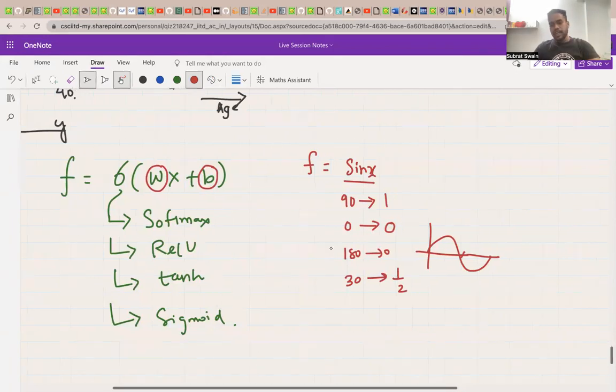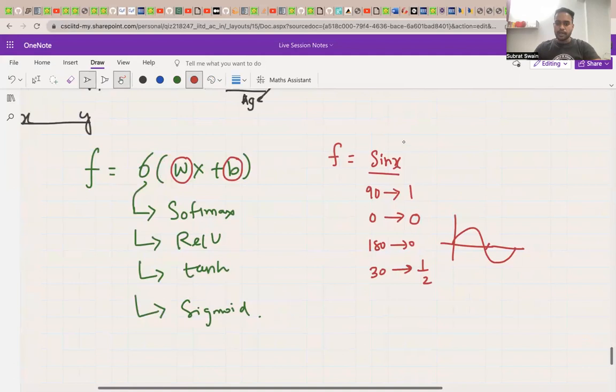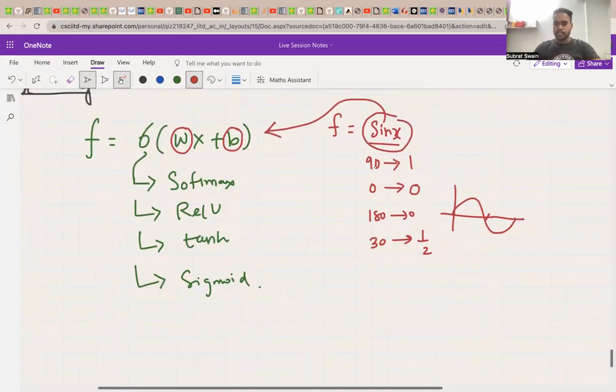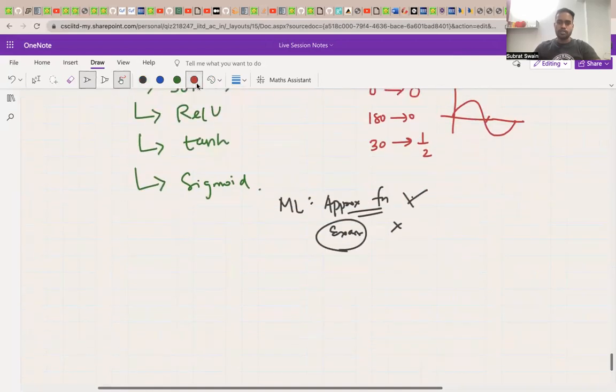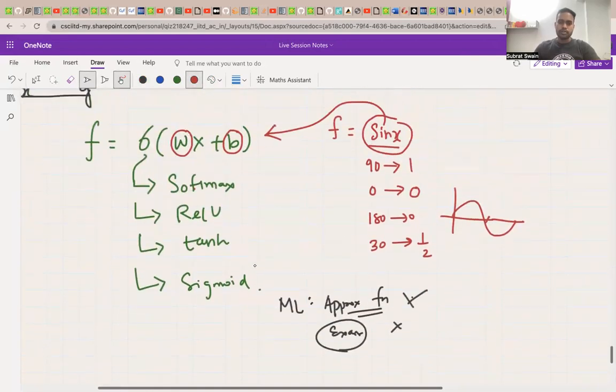So you might ask, how can I represent sin x in terms of this? It's not possible, right? It's not possible to write sin x exactly in terms of this. But remember what I'm saying, ML is a way to approximate a function, not an exact representation, it's an approximation. There are proofs also.